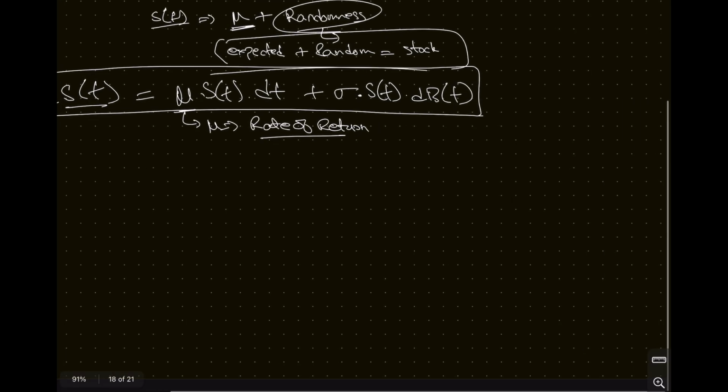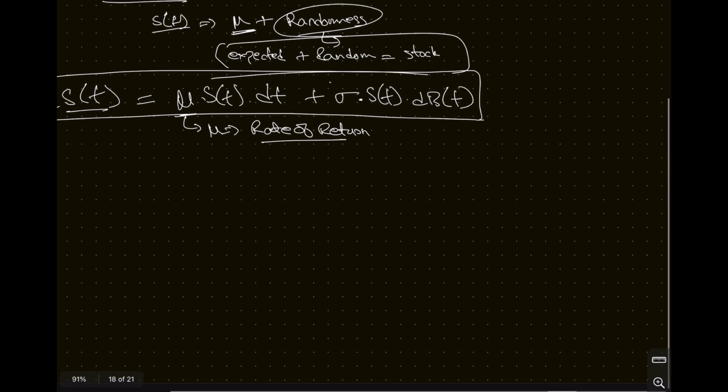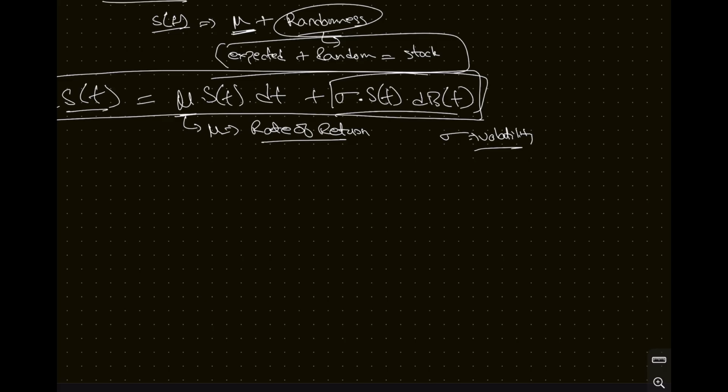And the randomness that we're going to be generating is going to be generated through sigma, which is the volatility that we've discussed before, how volatile your stock portfolio is, and how the stocks move. This is derived through standard deviation.